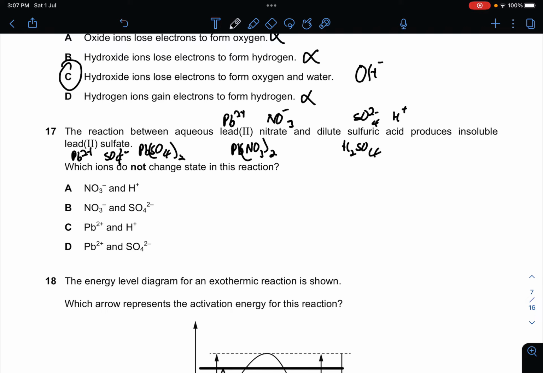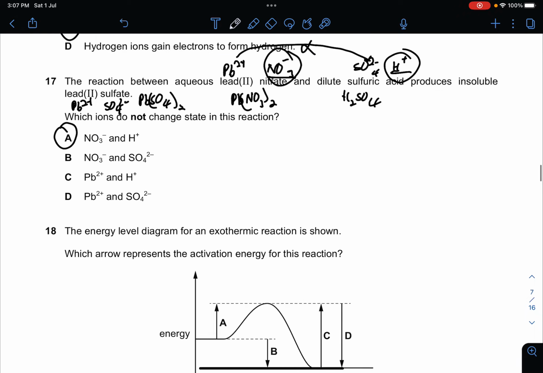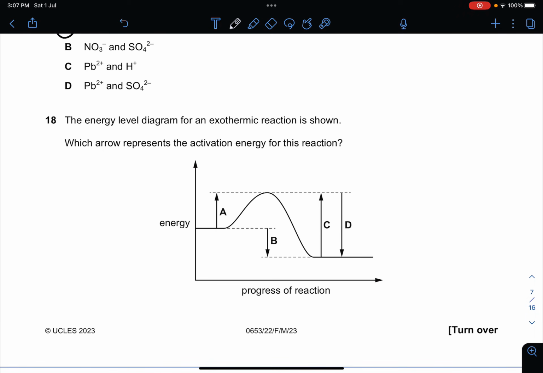Okay, so the answer here would be, let's see, so the NO3- did not change, it remains the same, and H+ also remains the same, because you see, lead(II) sulfate is basically combining this one and this one. This remains the same, so the answer is A. Okay, which arrow represents the activation energy for this reaction?